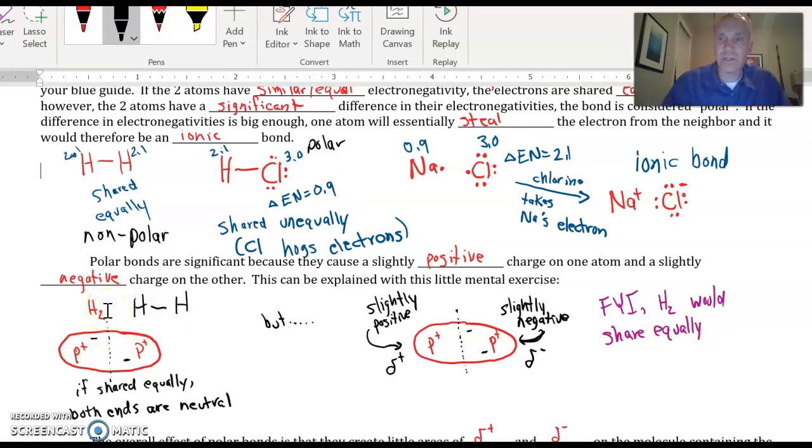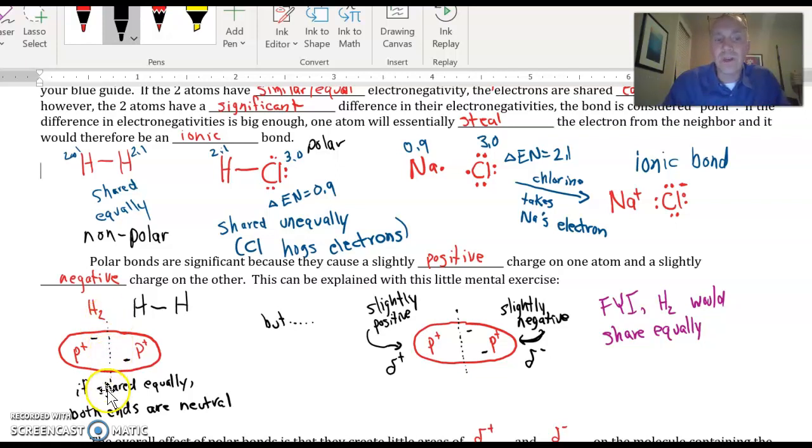So let's do this little mental exercise. Let's split this molecule down the middle. And let's take a look at what's on the right side. All right, so remember, if these electrons are shared equally, on average, one of the electrons would be on the right side and one would be on the left side. All right, remember, it's random motion, but on average, that would be the most likely scenario if they were being shared equally.